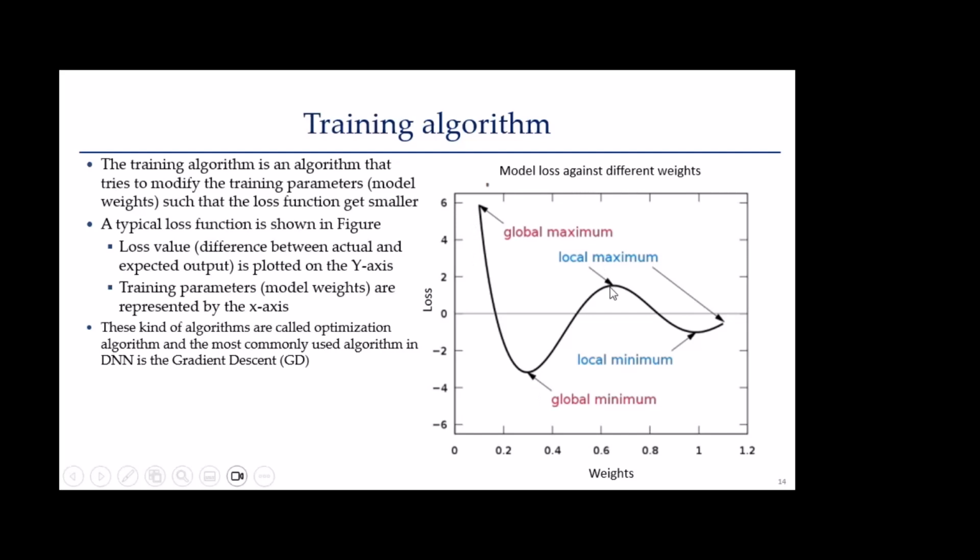Sometimes we can have what we call a local maximum, which means it's a maximum, but for the points around it only. The same for the minimum, we can have what we call a local minimum. The training algorithm is an algorithm that tries to modify the training parameters, which are the weights, such that the loss function gets smaller, and eventually, if our training algorithm is good enough, we can reach one of those minimums, either the global or the local minimum.